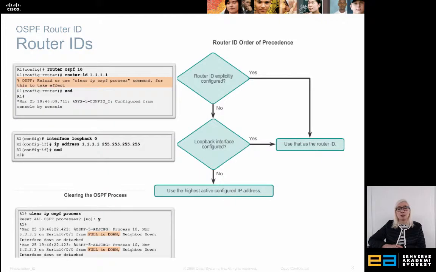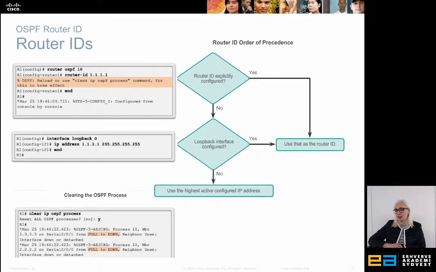For instance, this will be used when you want to elect the designated router, the DR, in a multi-access network. It will choose the one with the highest router ID. You can also set a priority. Then it will choose the one with the highest priority.